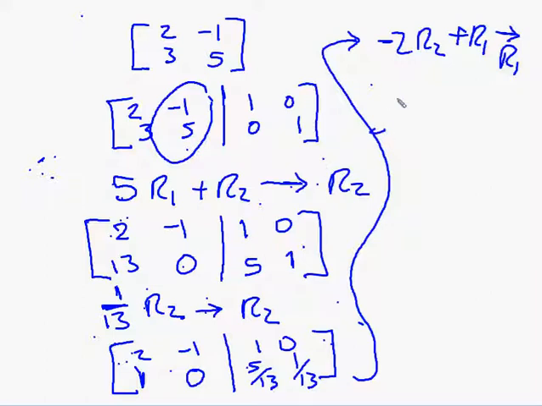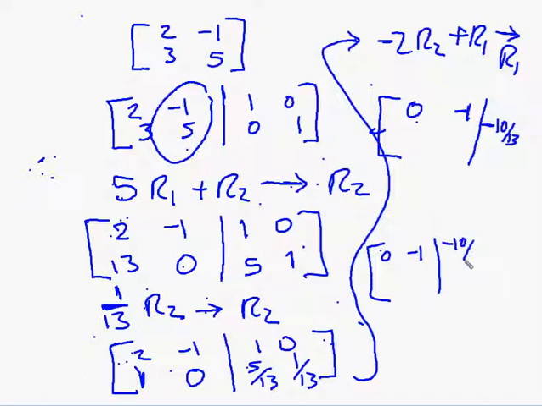Alright, so I'm going to do some of this in my head here. 1 times negative 2 is negative 2, plus 2 is 0. And then I do have negative 1 right there. No problems. Now 5/13 times negative 2 is negative 10, so that's negative 10/13. I'm going to run out of space, so I'll write it again. Negative 10/13. Alright. And then, nope. I forgot to add 1 to it.